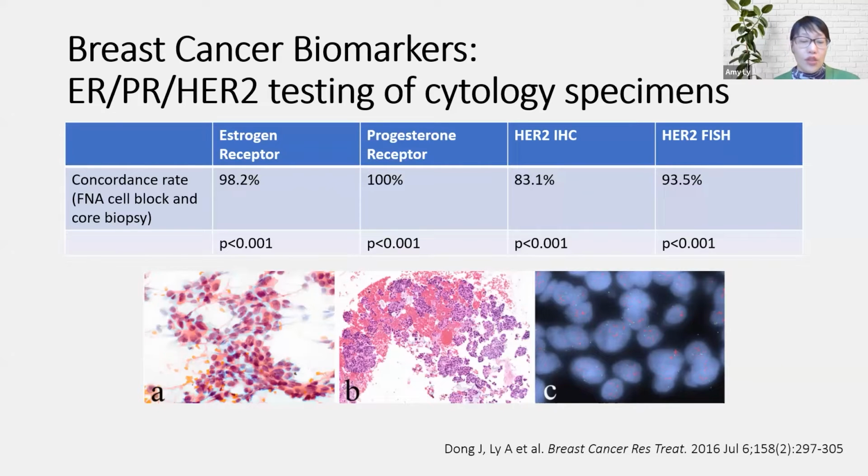And this one study showed that FNA cell blocks, there were more than 100 in this sample, had an extremely high accuracy for ER, PR, and HER2 evaluation, including by FISH, which was performed on cell blocks in this particular paper.